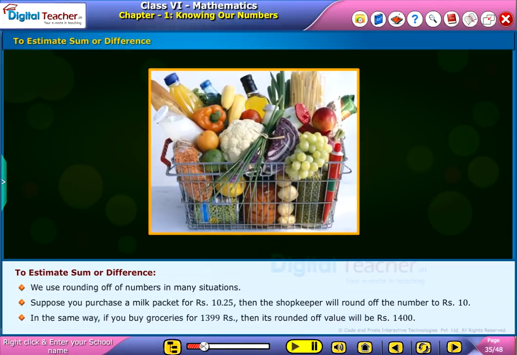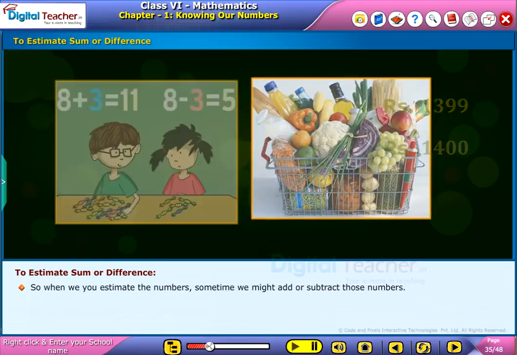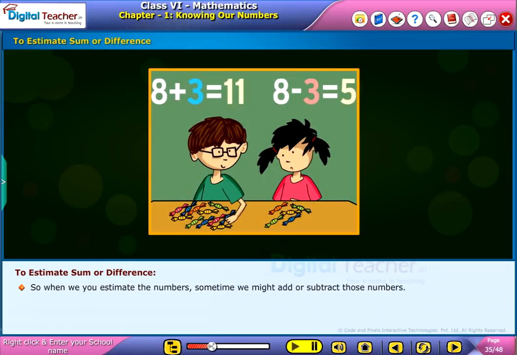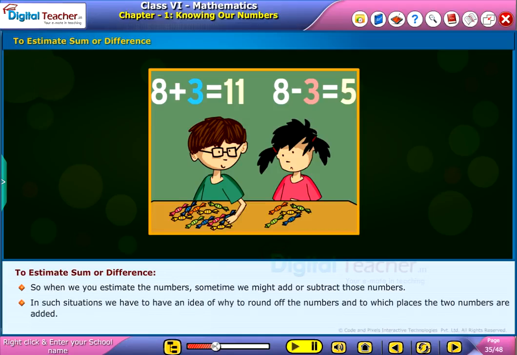In the same way, if you buy groceries for rupees 1399, then its rounded off value will be rupees 1400. So when you estimate the numbers, sometimes we might add or subtract those numbers. In such situations, we have to have an idea of why to round off the numbers and to which places the two numbers are added.